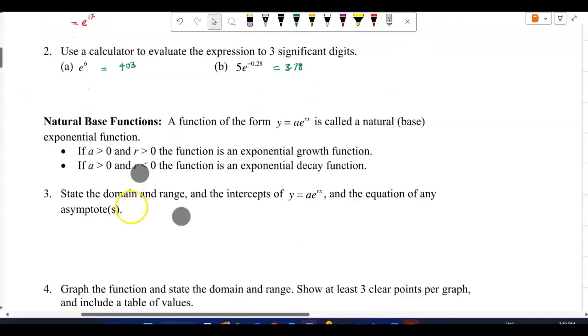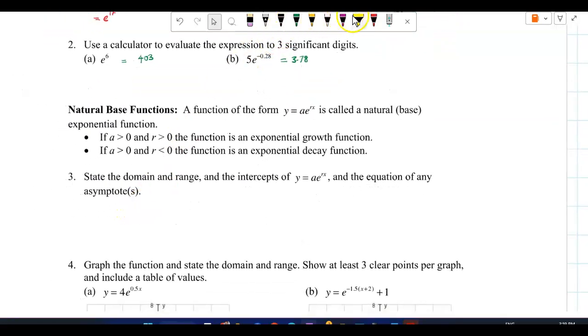Natural base function. The function of the form y equals a e raised to rx is called a natural base exponential function. If a is positive and r is positive, the function is an exponential growth.